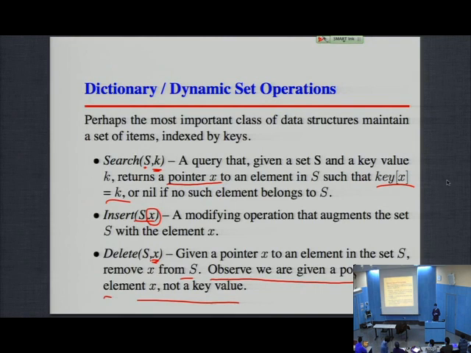Yes? It means that you don't have to look up what element the key corresponds to. If you have it, you don't have to look it up. If you don't have it, you have to look it up anyway, right? It separates the cost of actually doing the manipulation from the cost of finding it. Any questions?